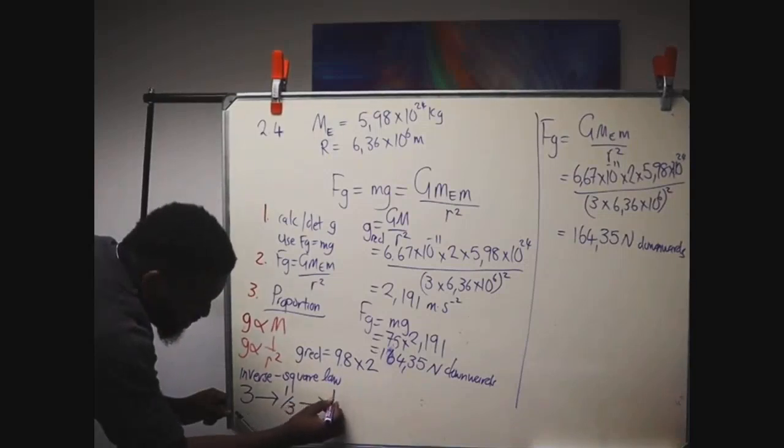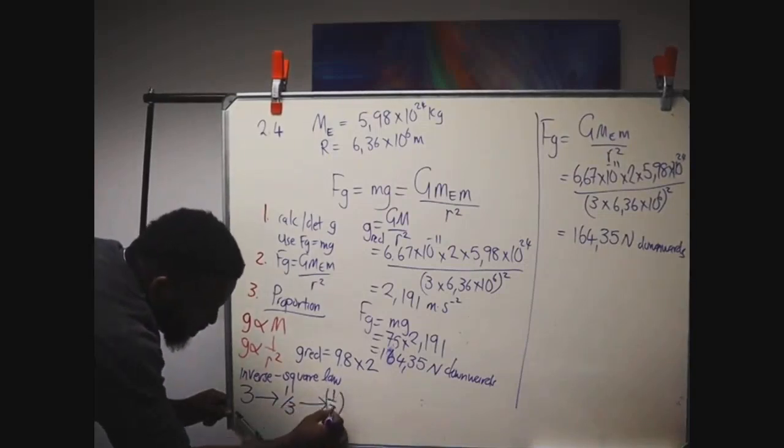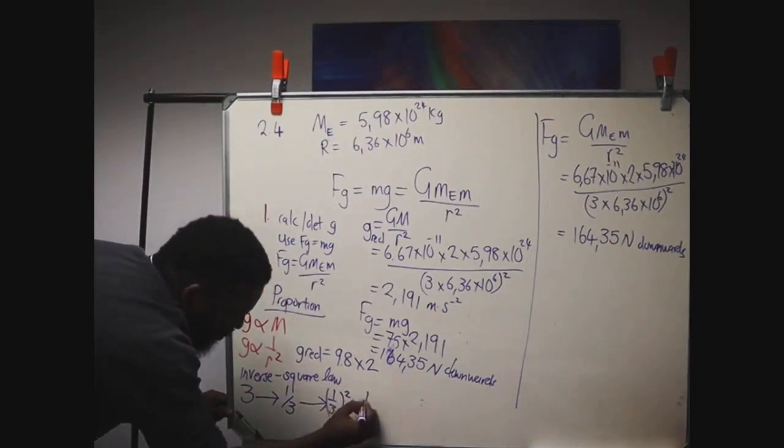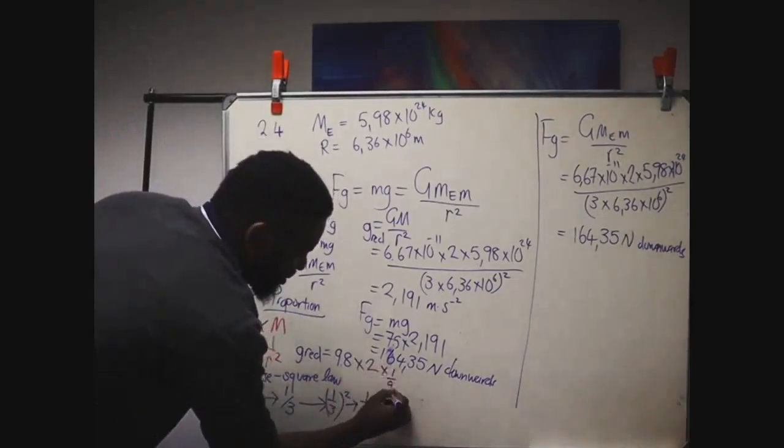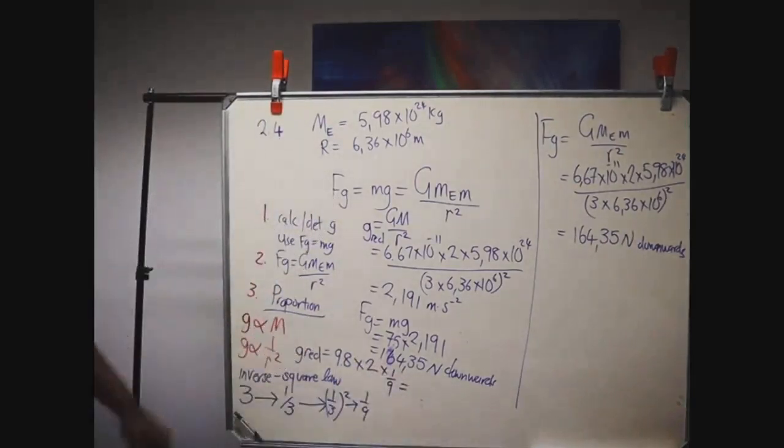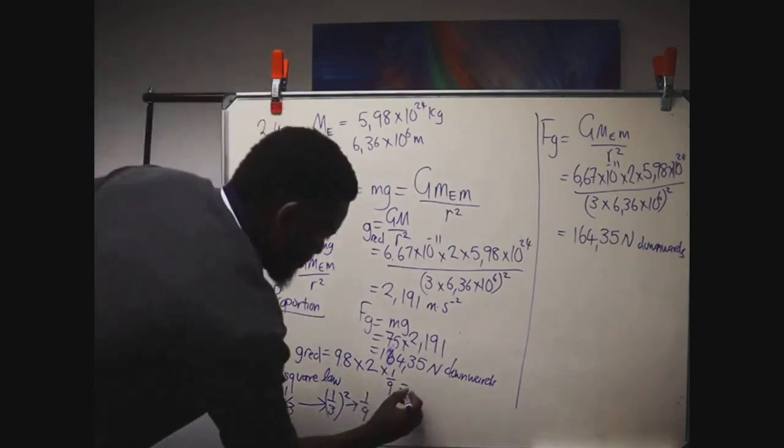Square it and it becomes 1 over 3 squared. Inverse square becomes 1 over 9. So this is now times 1 over 9. The new g should be equal to 9.8 times 2 times 1 over 9. I get a g of 2.18.